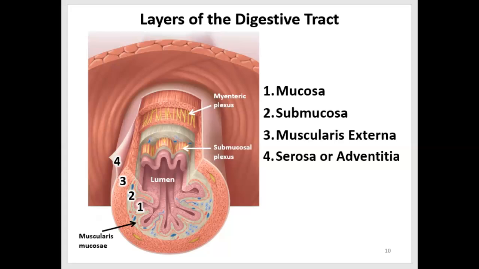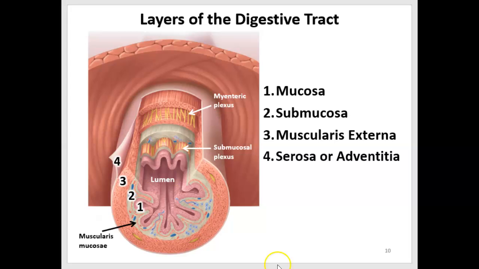From the lumen, which is the center, the opening of the digestive tract, we have first the mucosa, which is shown as pink here. Then the layer deep to it from the lumen is called the submucosa, and it's gray with a lot of blood vessels in there.